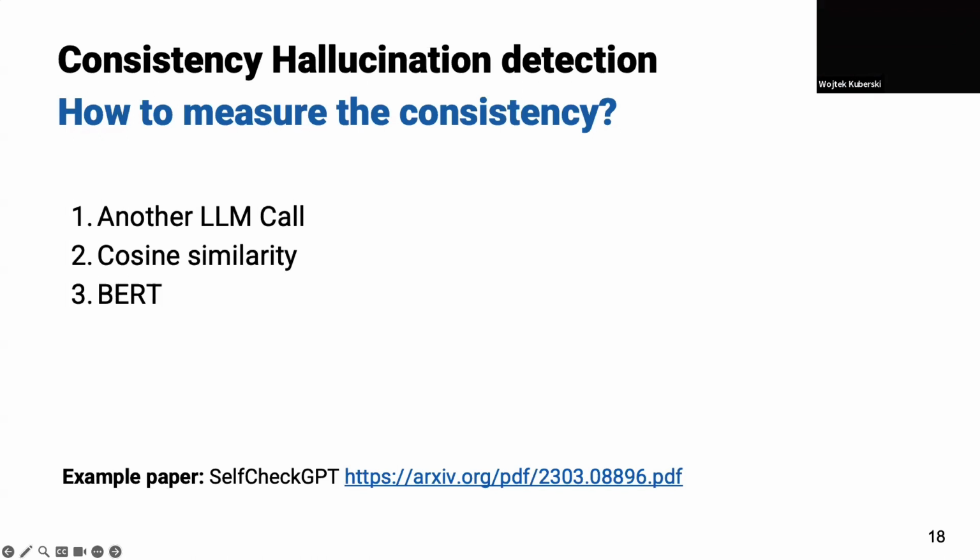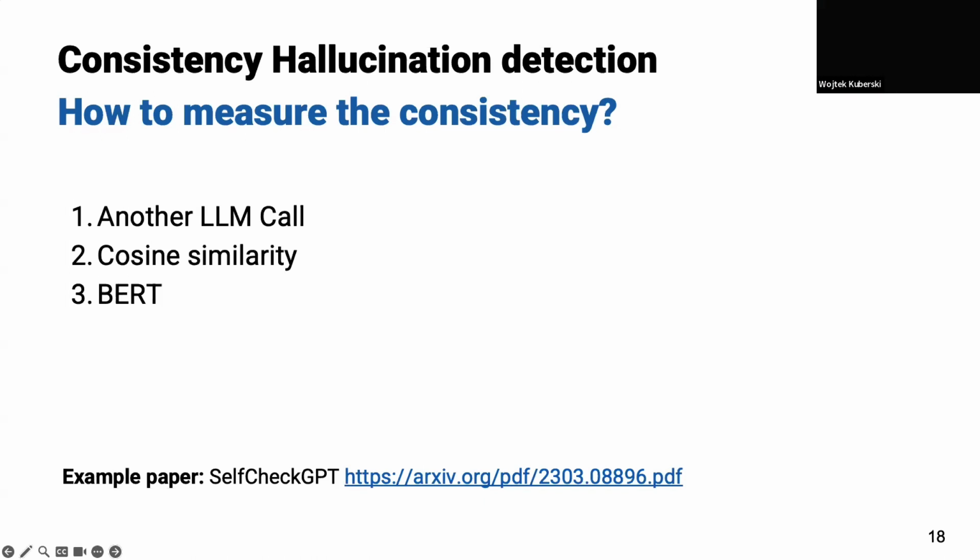Another option is to use a simple metric such as cosine similarity between the tokens and the vectors of the tokens, and we'll measure cosine similarity between the original vector and all the other answers that were generated. And third, we could just use a smaller language model such as BERT to measure the similarity between the answers.